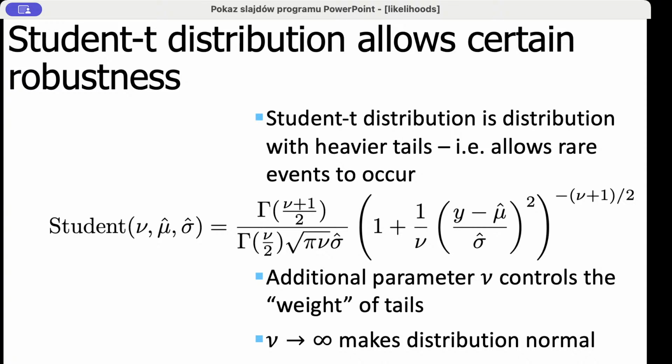Student t distribution is a distribution that arises in certain analytical computations regarding normal distributions, but generally has the same property as a normal, that it's a kind of bell curve that is concentrated in the middle.